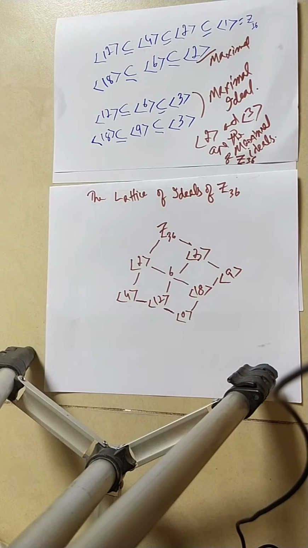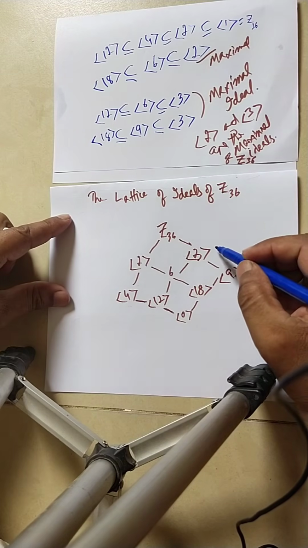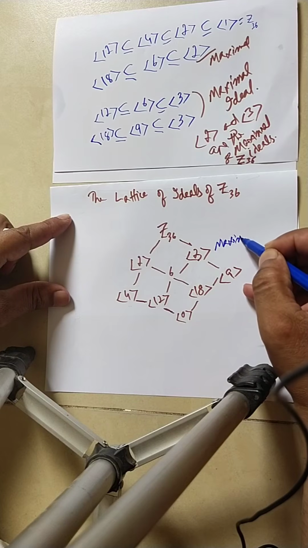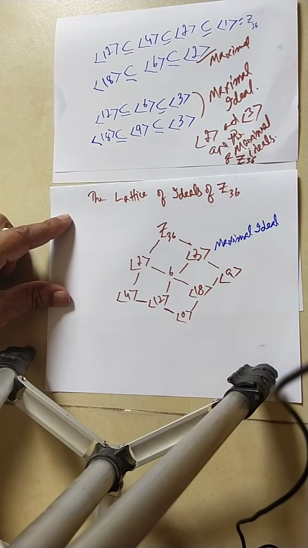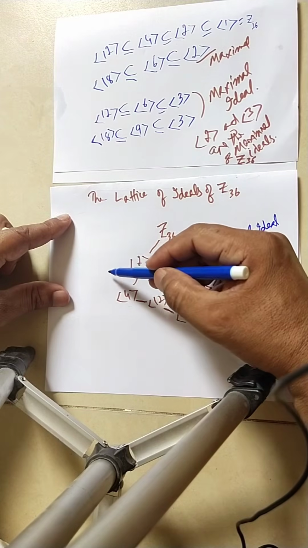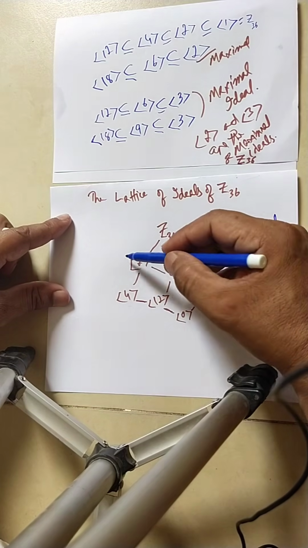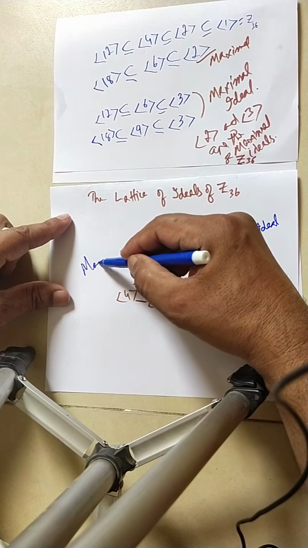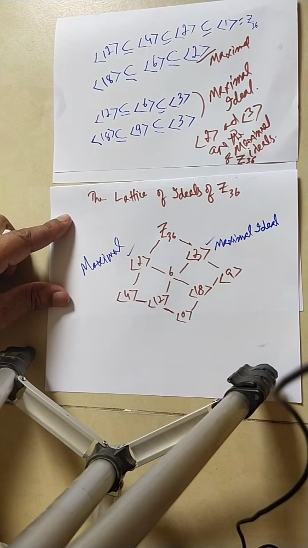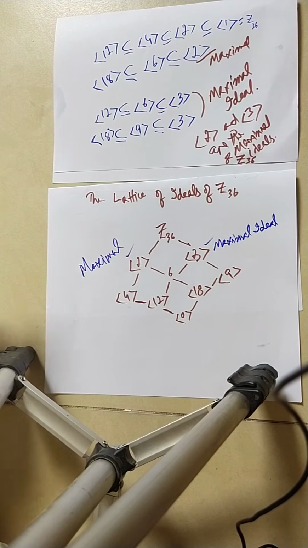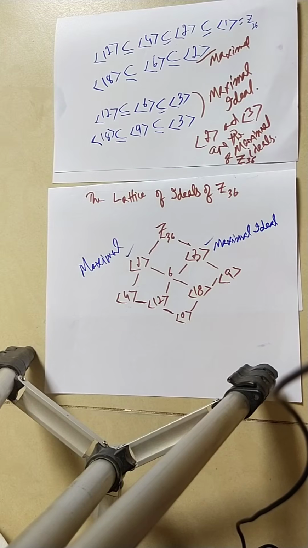From this we can also conclude 3 is a maximal ideal and 2 is a maximal ideal of Z36. I hope you can find the maximal ideals of Z10 or of any number.